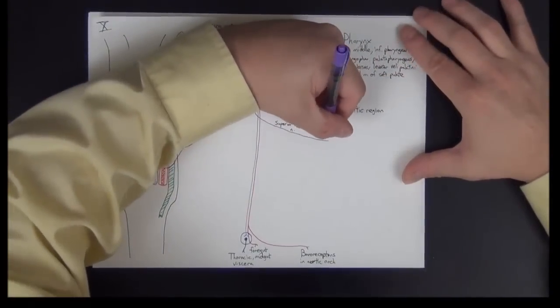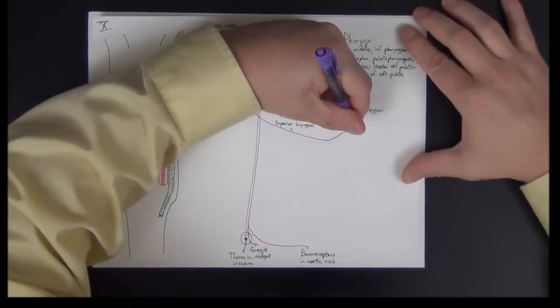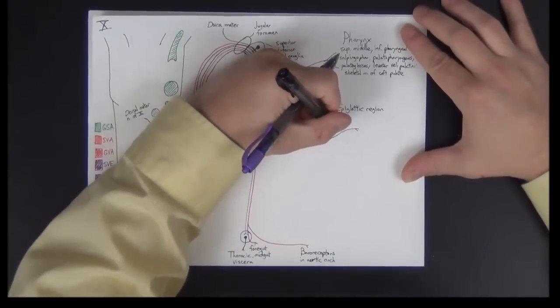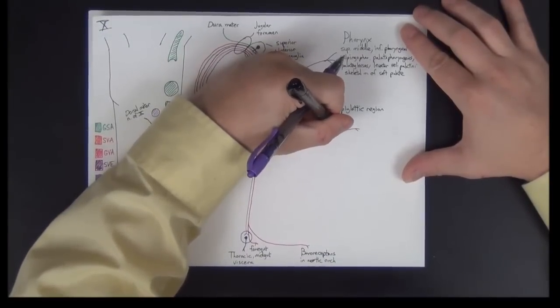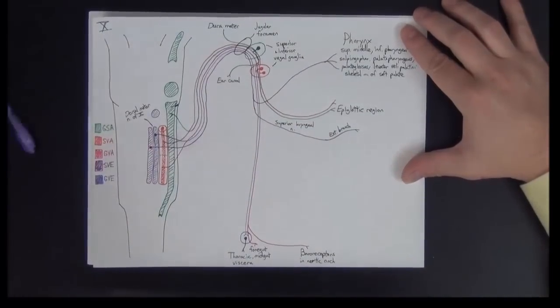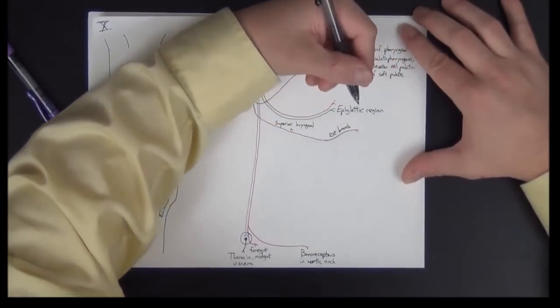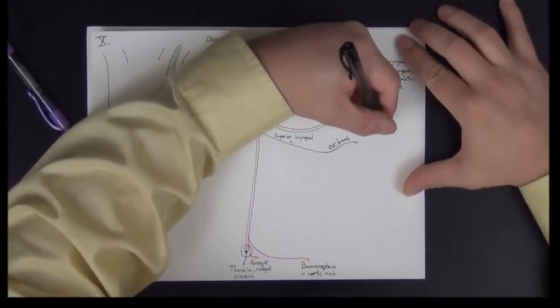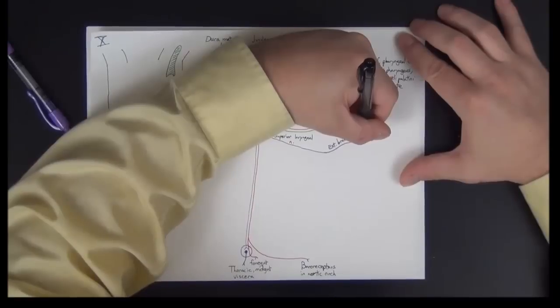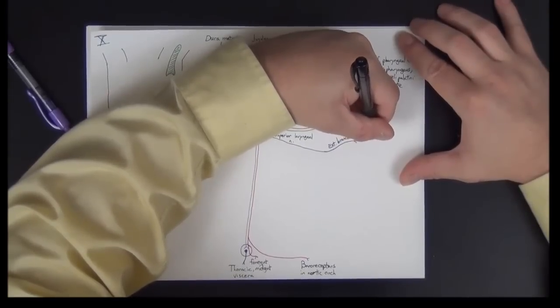And it has an external motor branch. So we'll draw that in here. There's the external branch. And it innervates some muscles of the larynx. And the muscle of the larynx that it innervates out here, the one that we talk the most about usually, is going to be called the cricothyroid.